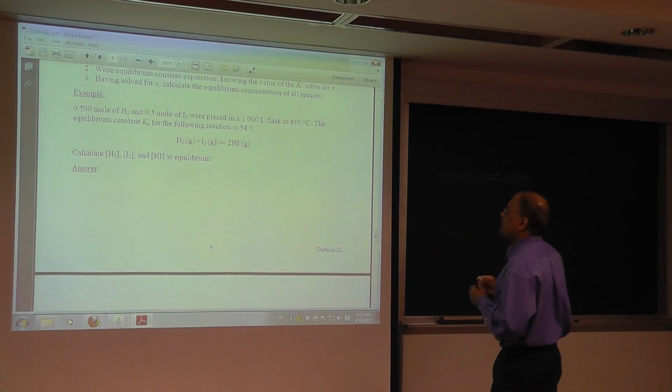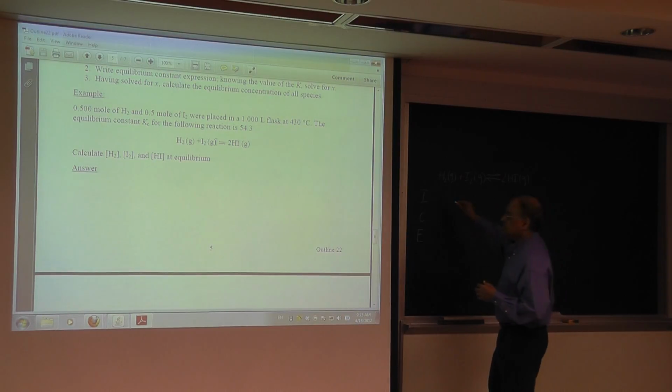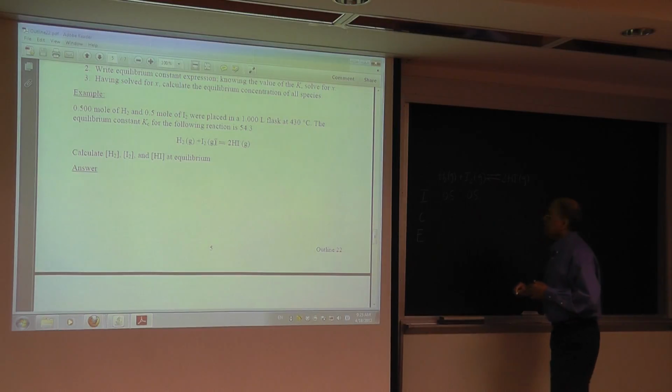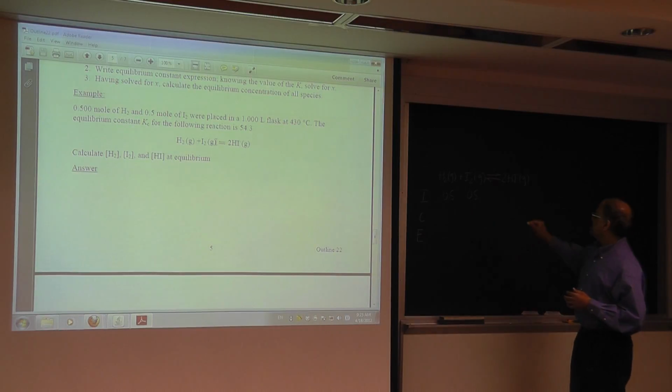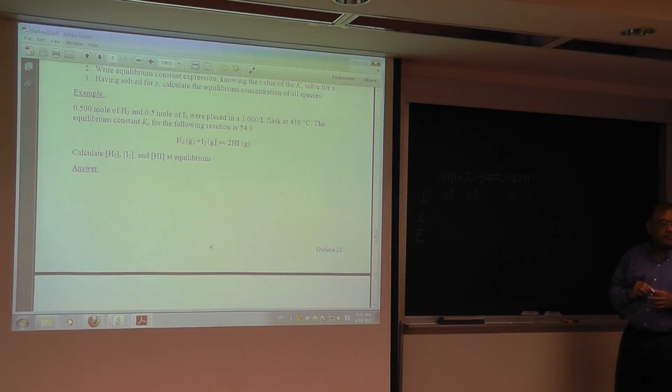You have 0.5 moles of H2. So here's how you go about doing this. You create something called the ICE table. So I, C, E. You write the initial concentrations as 0.5, 0.5, and 0. That's what you're given.